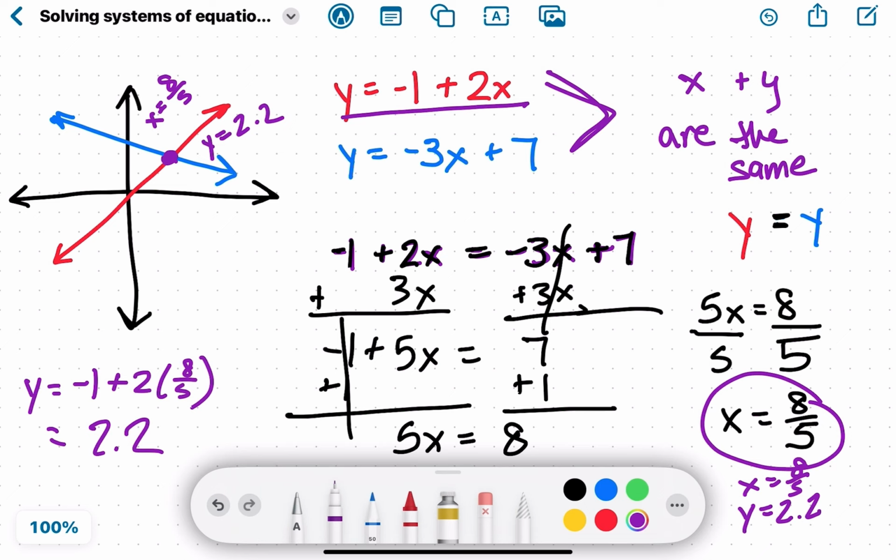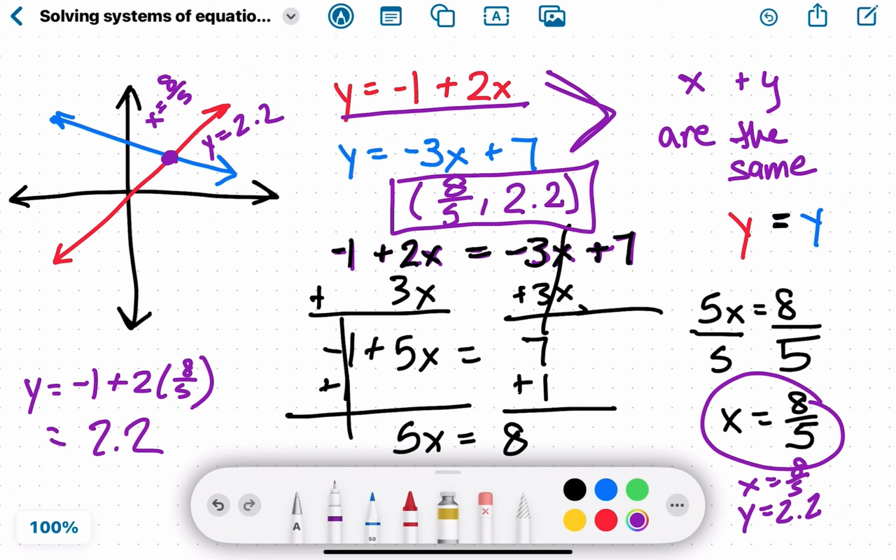So the real solution, the final answer, should be 8/5, 2.2. Okay? And that's pretty much it.